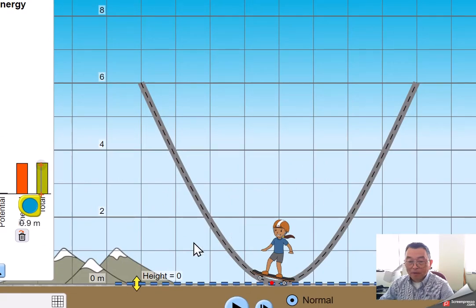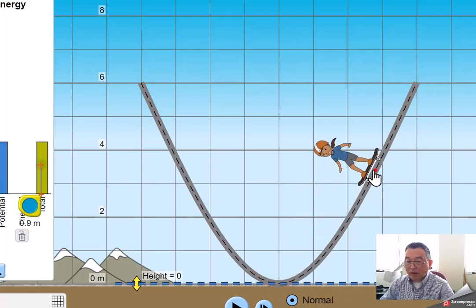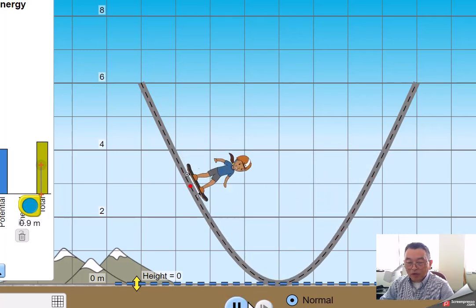If you put it at 4, for example, and you say go, you try to stop this kinetic energy at a quarter of the total. Try to do that. No, that's half. Okay, maybe.